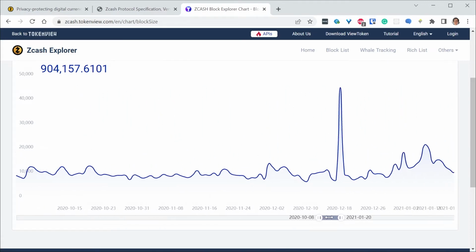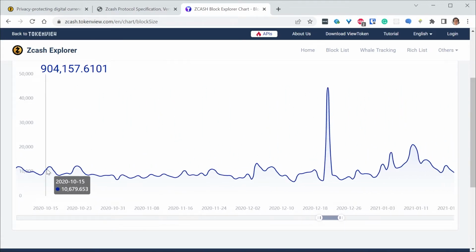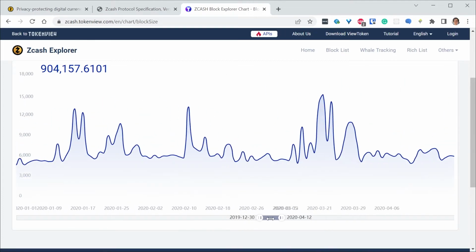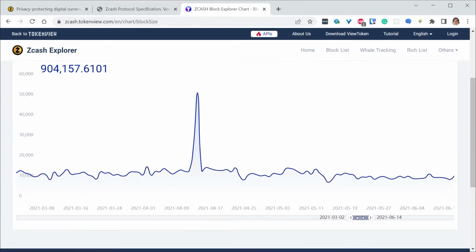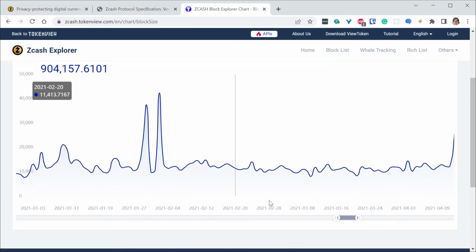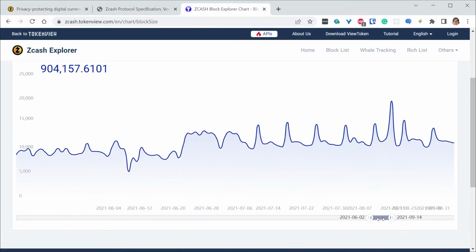The unit here is bytes. So at most it's like 50K to 121.